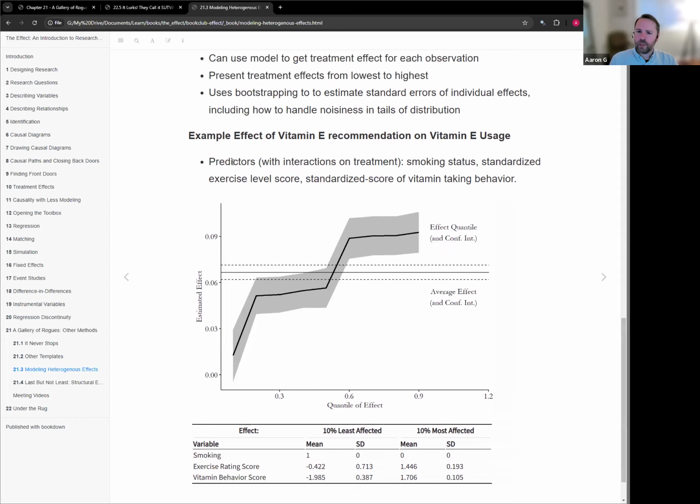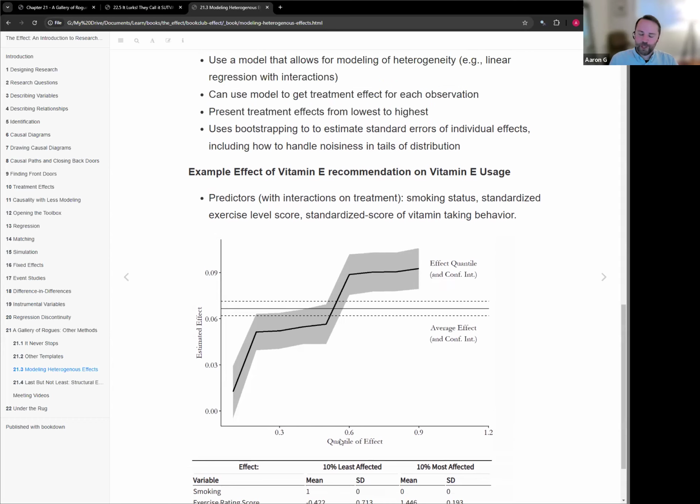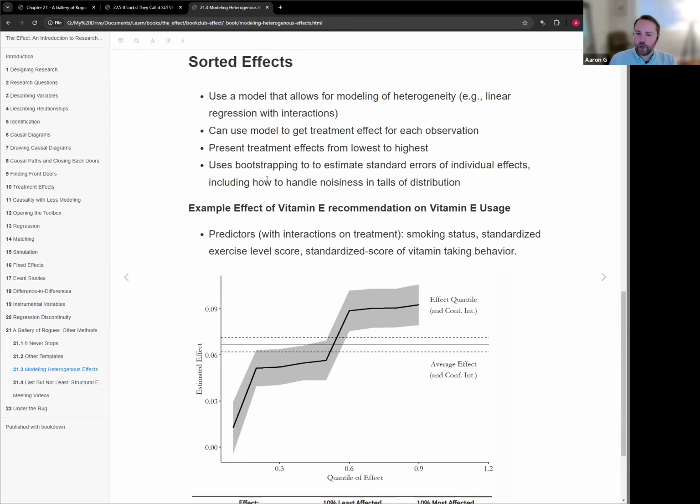One thing you do with sorted effects is you literally sort the effects, which is what we're trying to show in this graph from the book. It shows how the effects vary from individual to individual, and here we have some confidence intervals around it. There are some complexities under the hood.